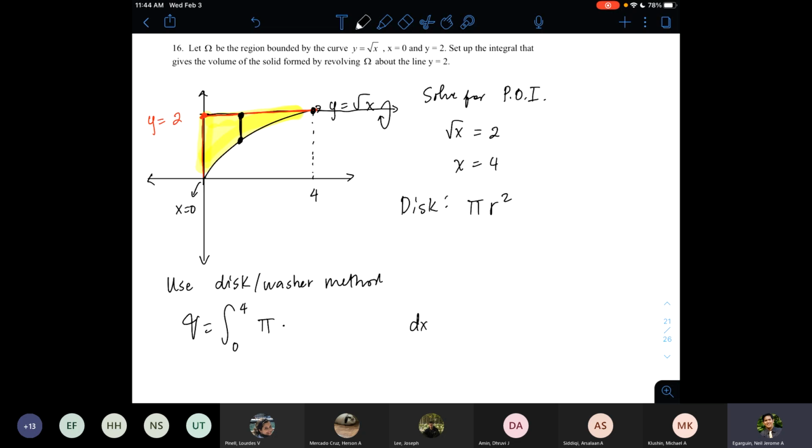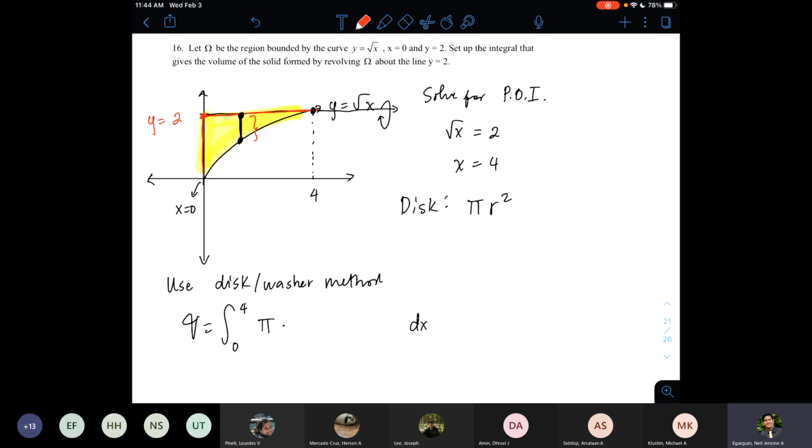Now what's the radius? Well, the radius would be the length of the vertical strip. How long is that vertical strip? Anybody? So that I know that you're still listening. What's the radius? Don't be shy.